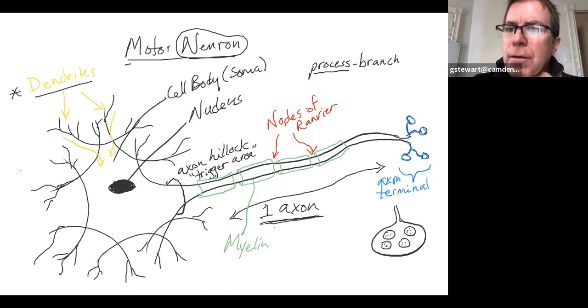And how it largely does that is the raw material for that neurotransmitter is made up here in the cell body. I'm just drawing a mitochondria. Here are some ribosomes. There's an endoplasmic reticulum that has ribosomes on it.